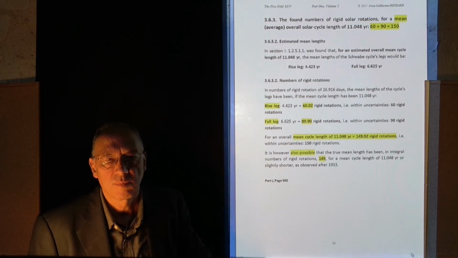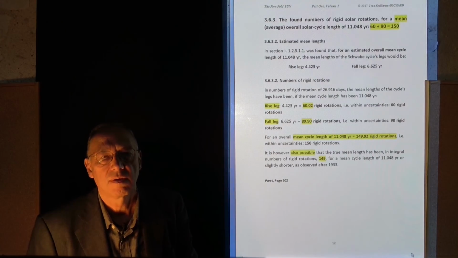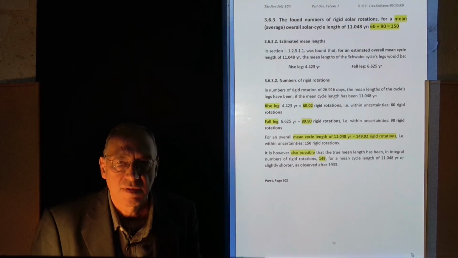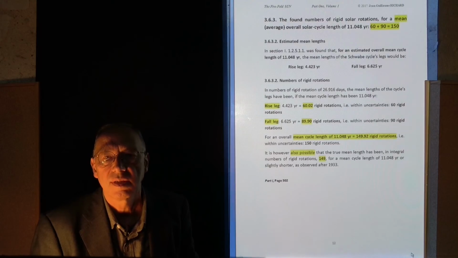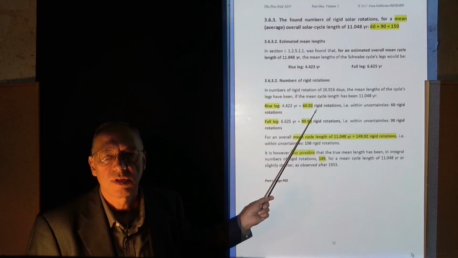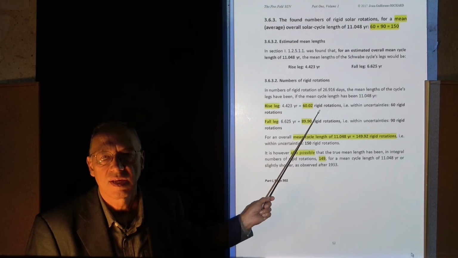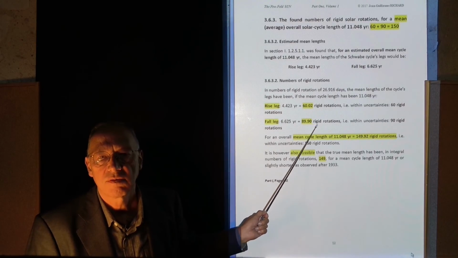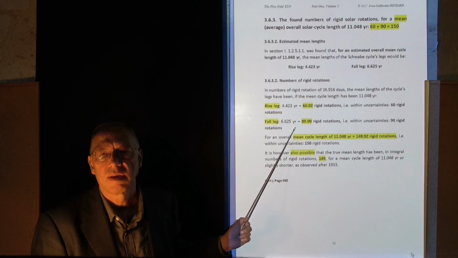Maybe it is 11.06 or 11.05 as found in part 5. So in this case, we have 60.02 rigid rotations in the rise leg and 89.9 rigid rotations in the fall leg.